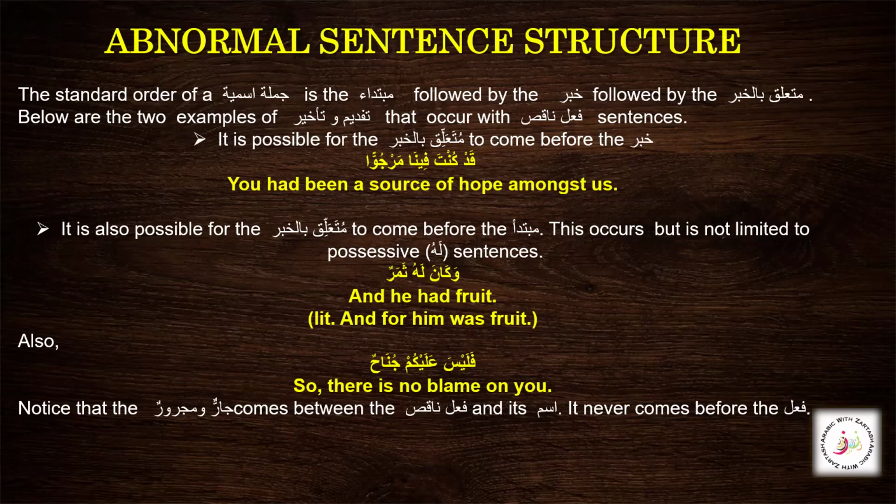Because it is anta kunta, it is not from the huwa or hiya version, so we are not going to look for an outside ism. We are only going to look for an outside ism if it has the huwa version.